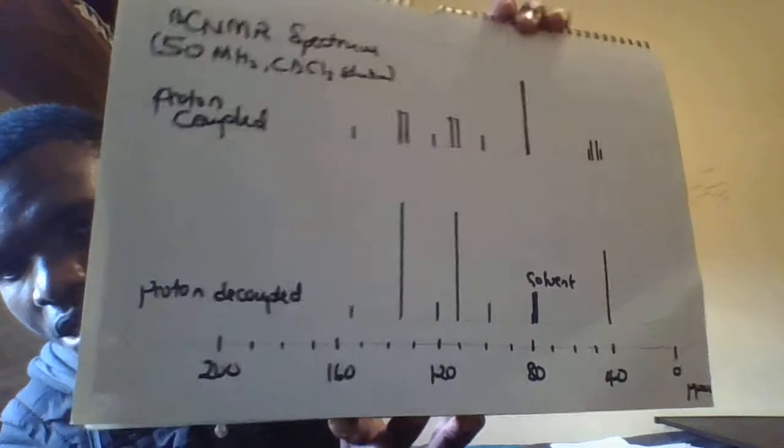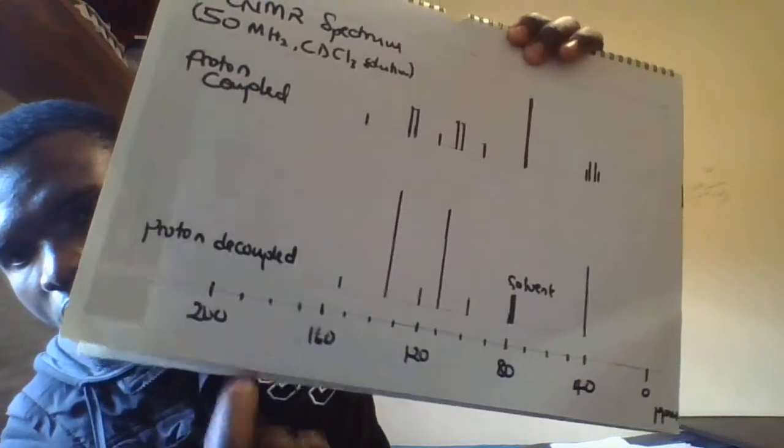Given this information, what we need is to take note of the chemical shift values. Then we go to that chart that I'm going to show you now. That chart will quickly help us to figure out what kind of carbons we are dealing with.